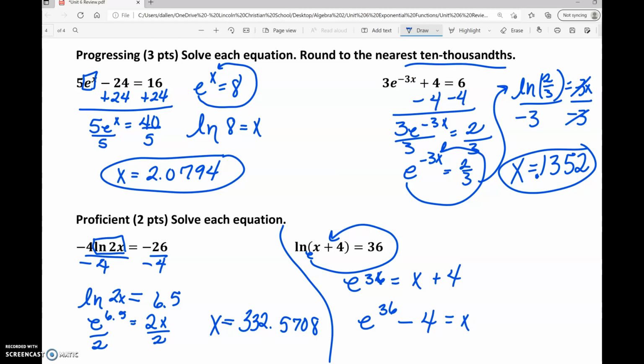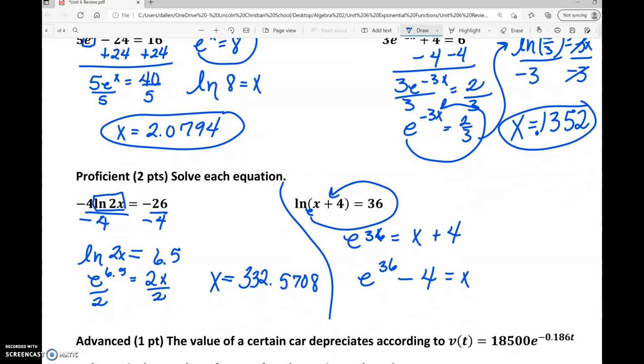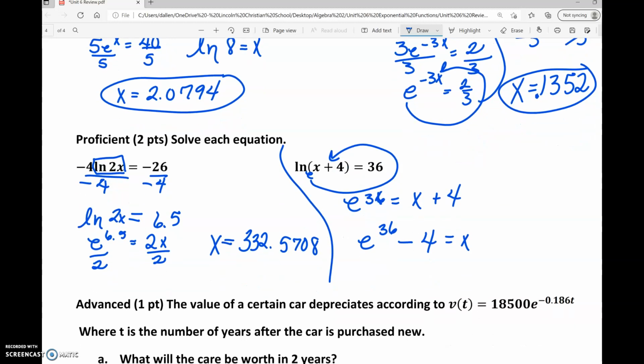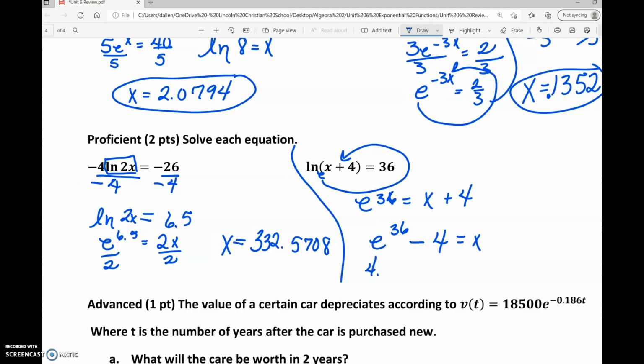And then this one, if you use the green calculators, it's going to give you it in scientific notation as e to a power. And that you should recognize as scientific notation. The calculator just doesn't do that. So I had a lot of people give me 4.3112 times capital E, well I just said e to the 15, and that should be written as 4.3112 times 10 to the 15th.